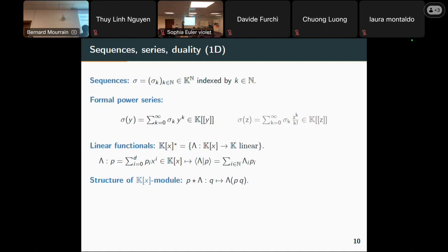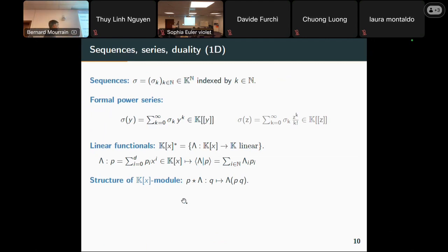Given this polynomial, which is the sum of p_i x^i, a finite sum, we can evaluate the linear functional on P by taking the sum of lambda_i p_i, where lambda_i are the values of lambda on the x^i, or the sequence, or the coefficients of the formal series. This is a way to see sequences, formal power series, and linear functionals in the same way, as the same object.